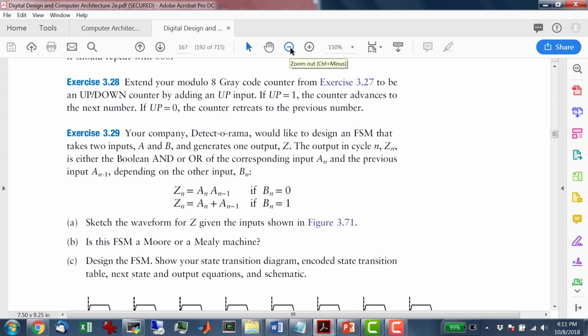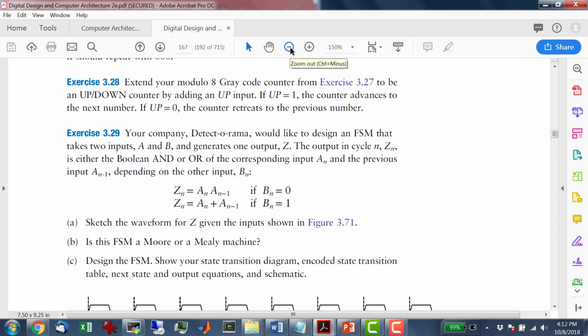And finally, I've got one more loop back here, right? And this would be A equals 1, A equals 1. Let's say B equals 0, B equals 1. And this would be Z equals, this is an AND. So this is 1 and 1 is 1, right? And this is 1 or 1 equals 1 for that.